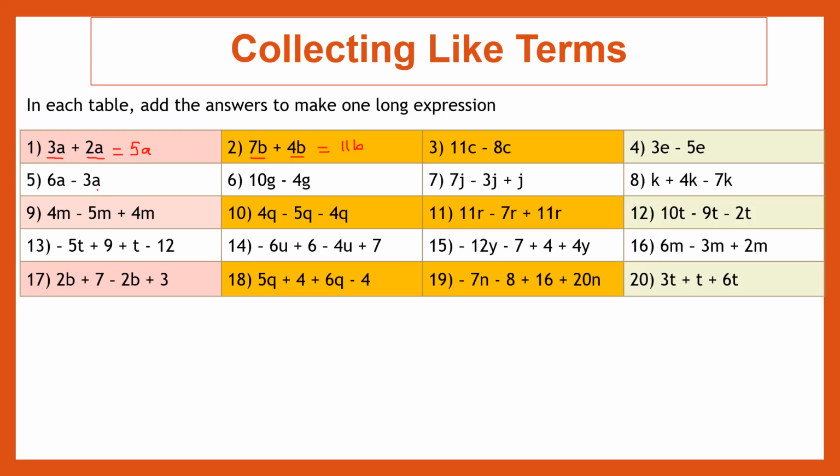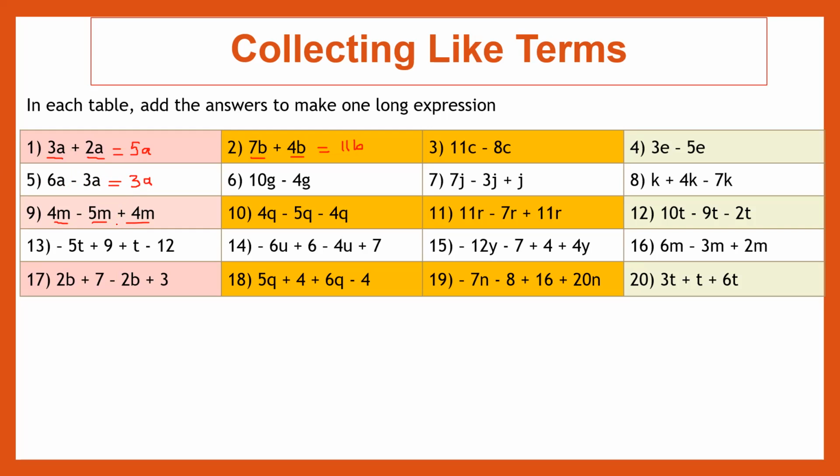For question number 5 here, instead of addition, we're subtracting. 6a minus 3a. Again, I have the same variable, so these are like terms. 6a minus 3a will give me 3a as a value.